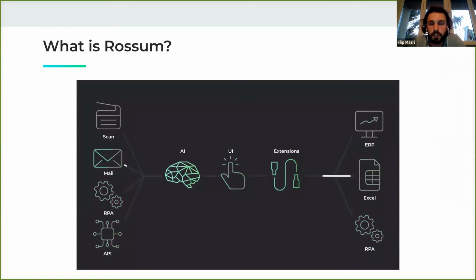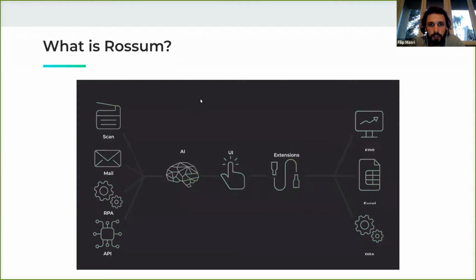You can quite efficiently get the data which were missed by the AI engine, and then you can send the data to some external systems through extensions, and usually the target systems are ERP systems, accounts payable systems, or Excel sheet, or it's some other RPA process which has its own workflow configured.